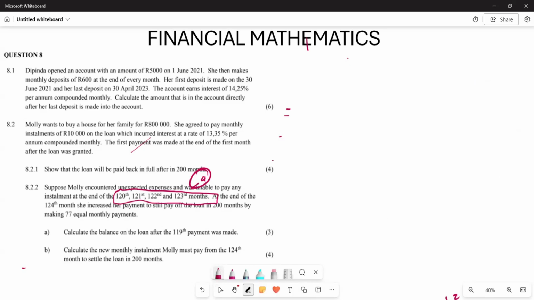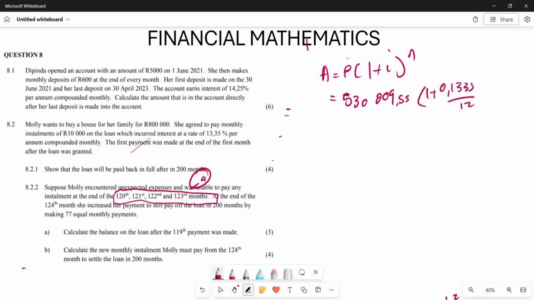So we say A equals P into 1 plus i to the power of n. We are saying 530,009.55 into 1 plus 0.1335 over 12 to the power of 4, for 4 months.